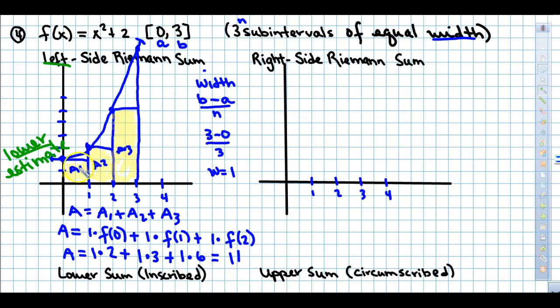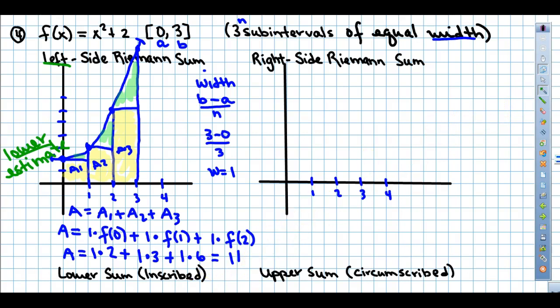This is a lower estimate because this function is increasing and all of my rectangles are under the curve, meaning that what happened when I estimated is I actually have this area right here that didn't get included in my estimate. So that makes my estimate lower than what the actual area really is. And that's why we refer to it as a lower estimate.